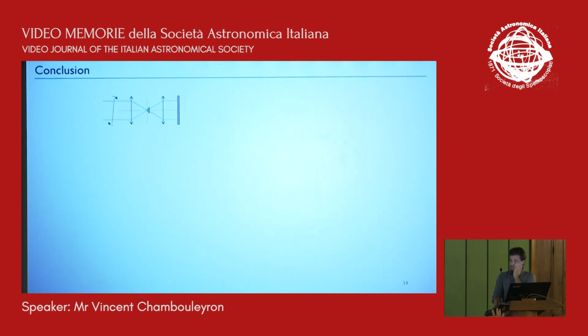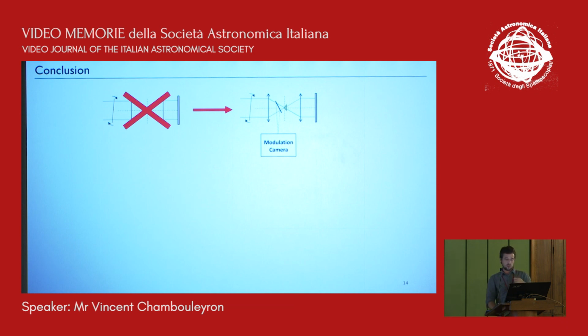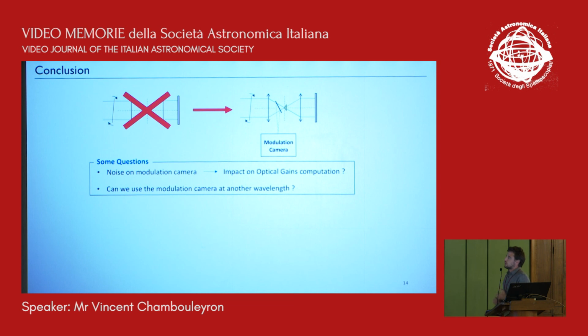Okay, so just to conclude, our wavefront sensor, now it's not this anymore. Now what we have is this wavefront sensor. So we really want to include the modulation camera to probe our system and the behavior of our system at each frame. The big drawback, and at least the studies that we have to lead now on this device, is how we split the photons between the modulation camera and the pyramid.